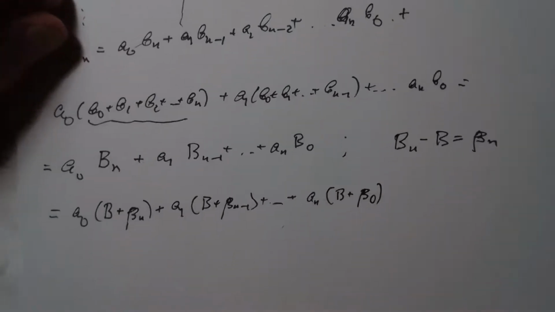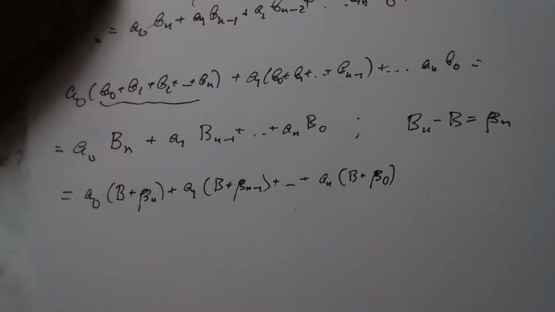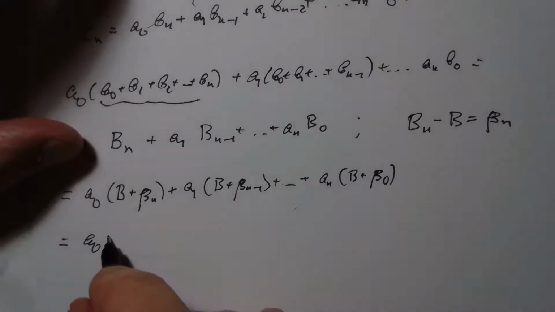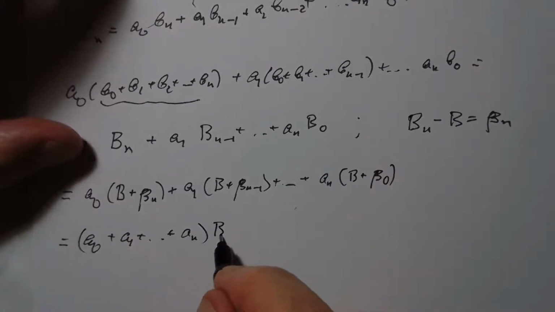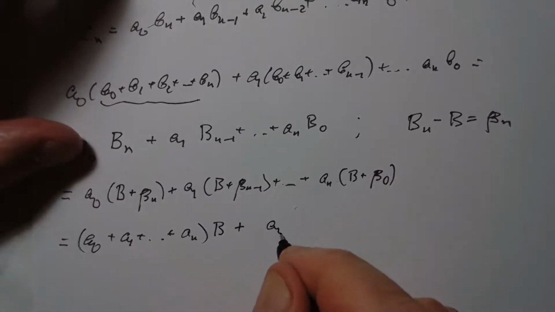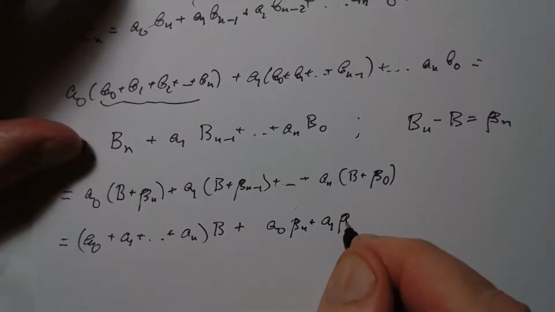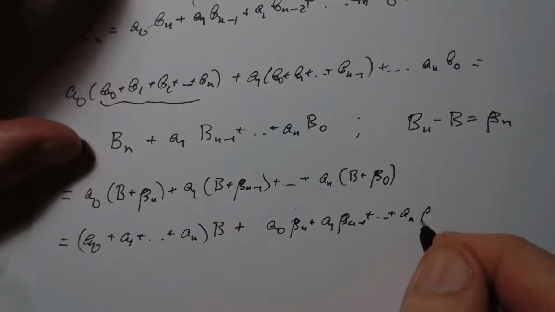Nothing difficult here, just a little bit of lengthy formulas, but everything else is trivial. And so this is equal to (A_0 plus A_1 plus etc. plus A_n) times B plus A_0 beta_n plus A_1 beta_{n-1} plus etc. plus A_n beta_0.